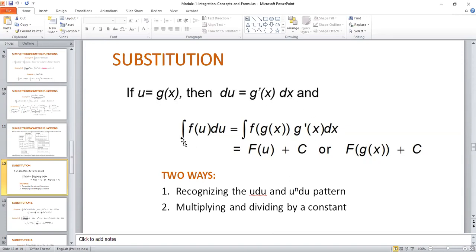And if you're going to apply it in this scenario, the integral of the function of u du will now be the integral of the function of g of x, because we set u as g of x, and the du will be g prime of x dx.